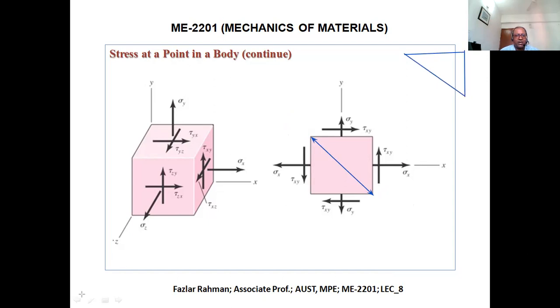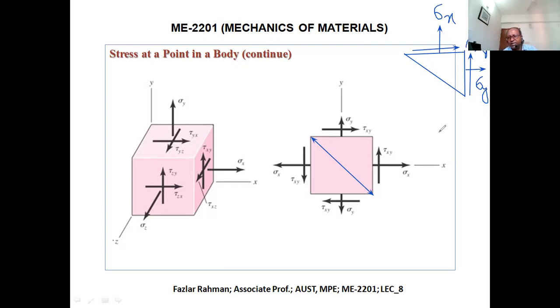And in the upper half, how much force do I have? I have sigma y, I have sigma x, then I have tau xy, tau xy. So I can say this one sigma x, this one sigma y, both are tau xy.